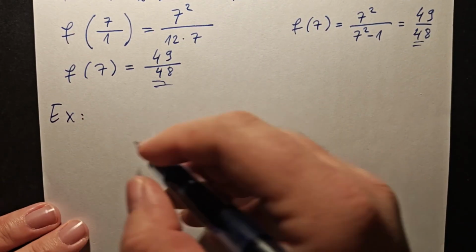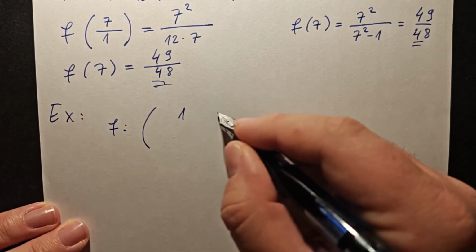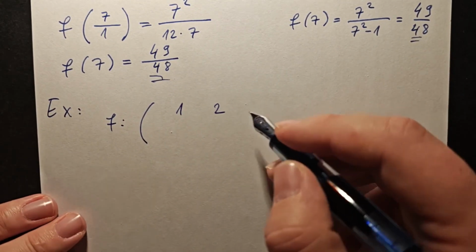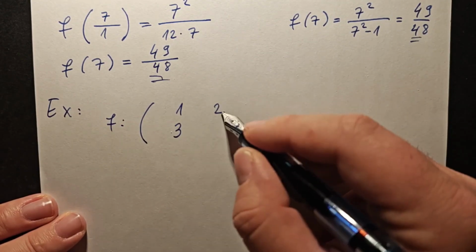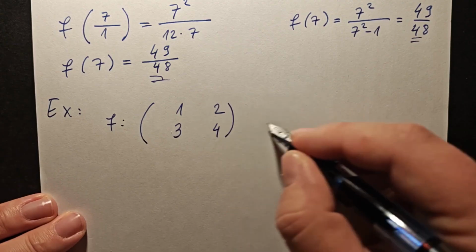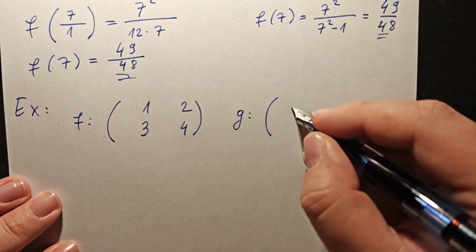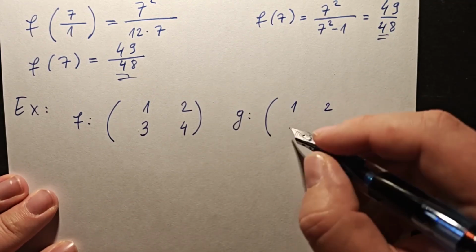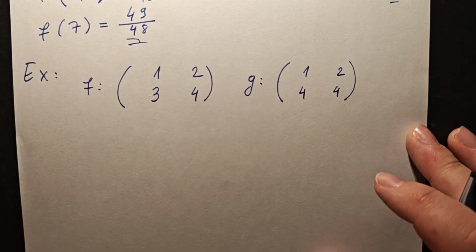Let's observe two functions. Function f, which is defined for the values 1 and 2 in its domain, and the image of number 1 is 3, the image of number 2 is 4. And let's observe the second function g, which is also defined for numbers 1 and 2, but it takes the image 4 for both of these numbers.